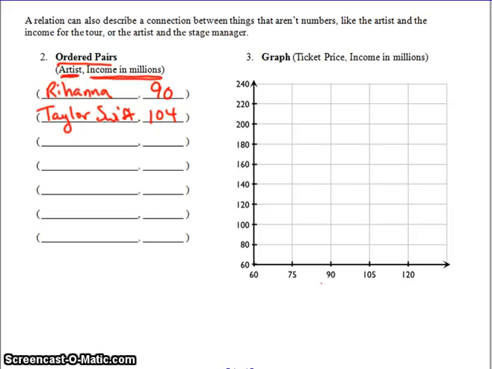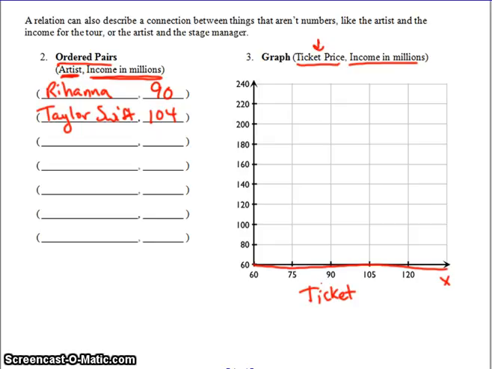And we could also graph. When we represent relations, we can make graphs, and we're going to relate the ticket price to the income in millions. Now the graph is kind of set up for us already. We have the bottom representing the ticket price, and if you remember from last year, you might call it the x-axis.